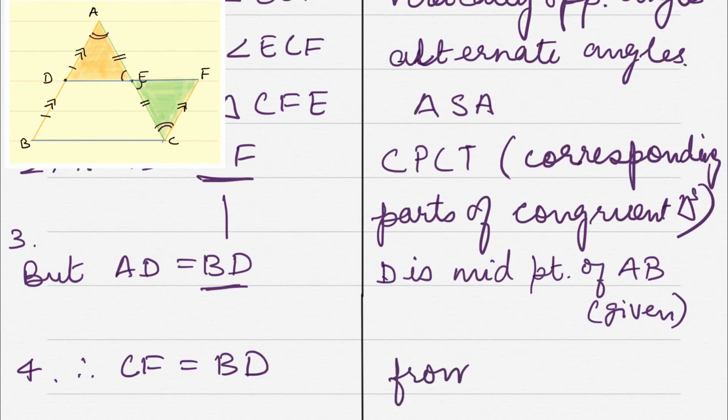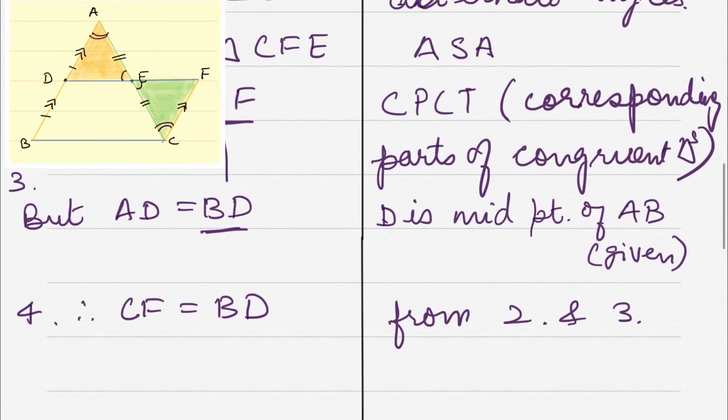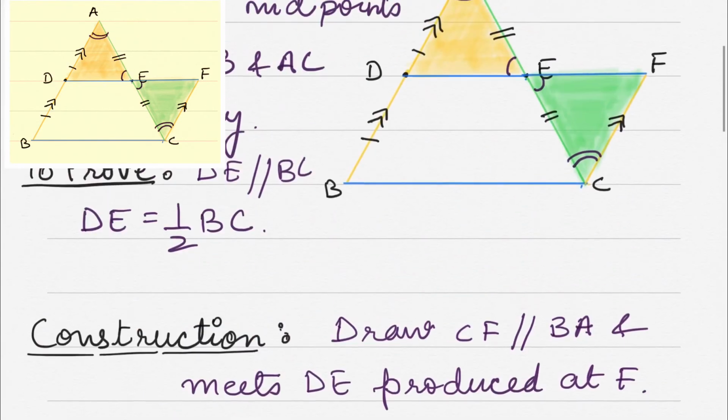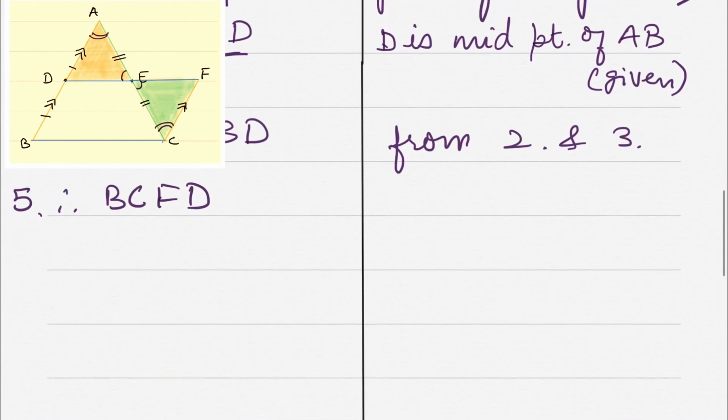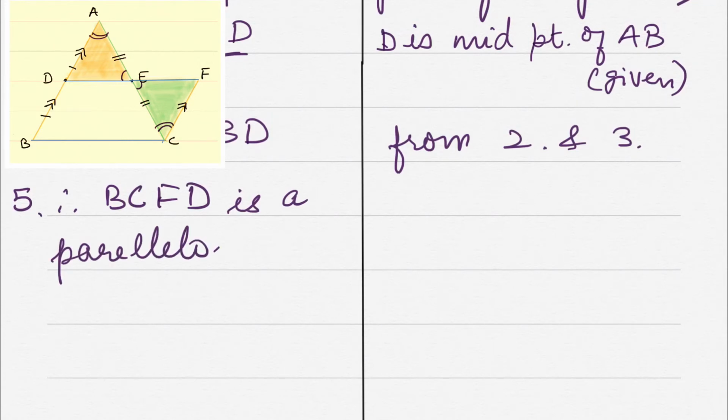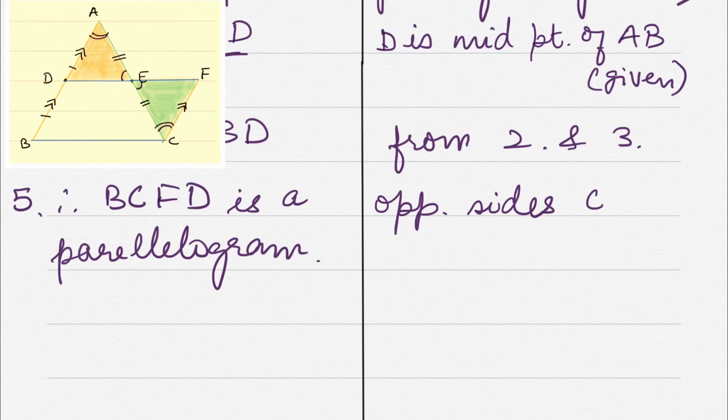So I can write down from my second point and my third point, correct? So now what else can I say? I can say that BCFD is a parallelogram, correct? Why? Reason: opposite sides CF and BD, which we have already proved, are equal.